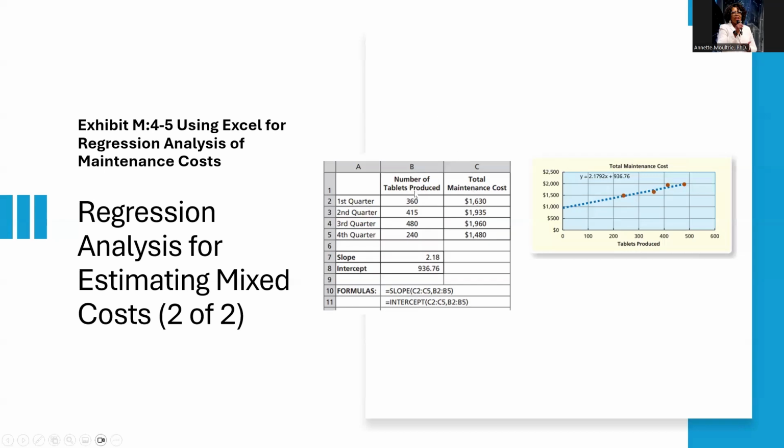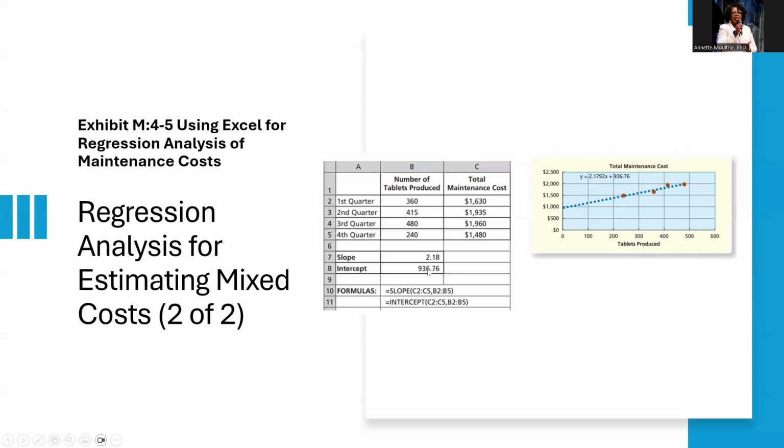And the B column, B2 through B5, are known as the X-axis amount, which are the tablets. And then you will format to 2 decimal places. So in the third step, you're going to use the intercept formula or function to determine the fixed costs.